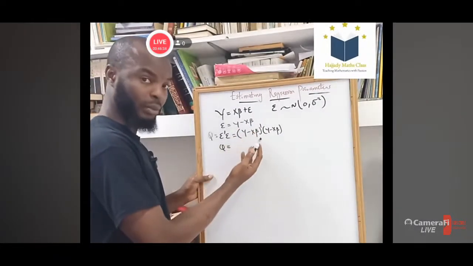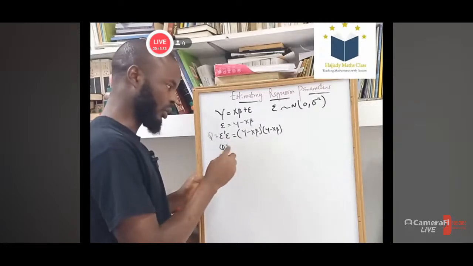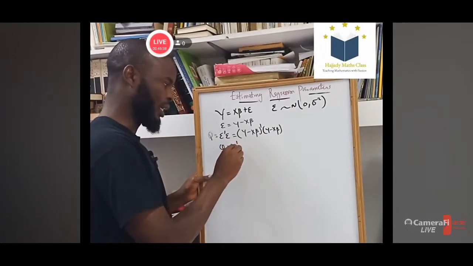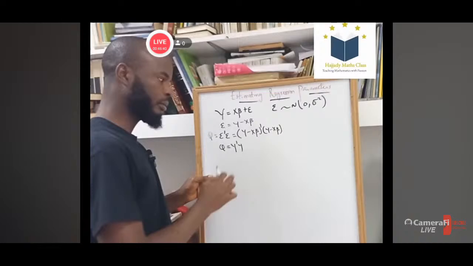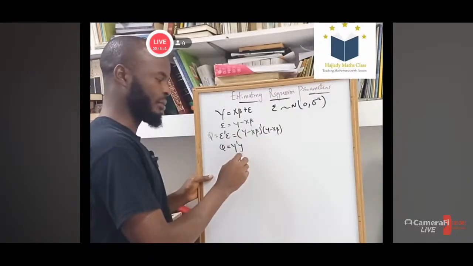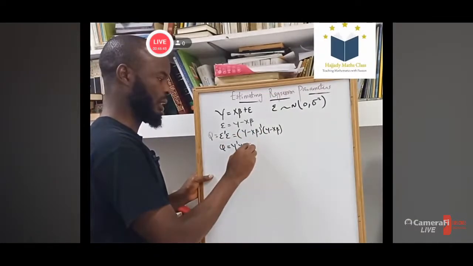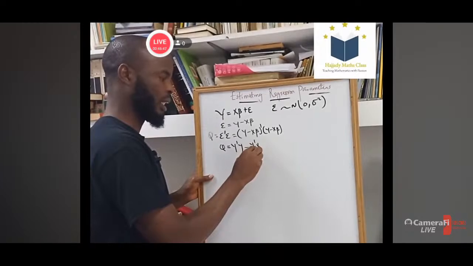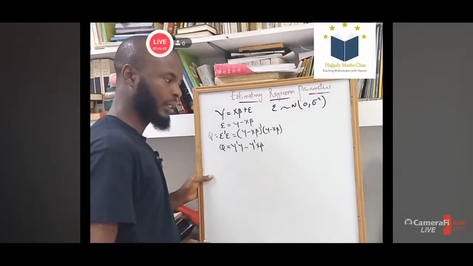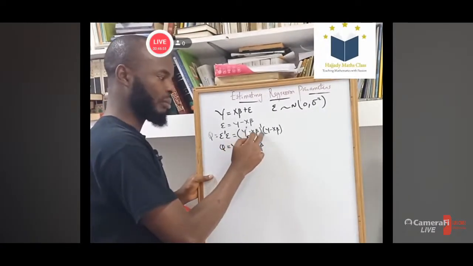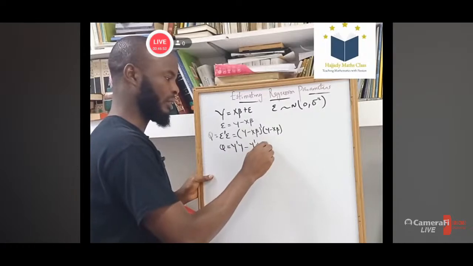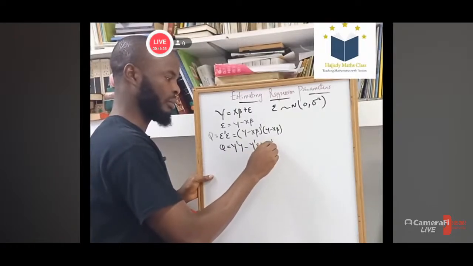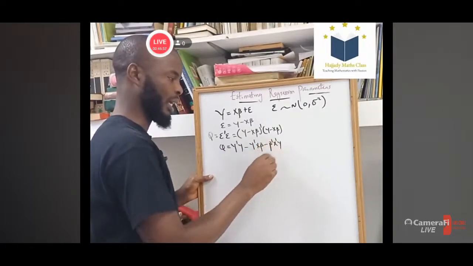Don't forget, this is a matrix multiplication, so we need to be very cautious. We're going to have y prime y, y prime multiplied by xb, we're going to have negative y prime xb. X beta multiplied by y, we're going to have beta prime x prime y.